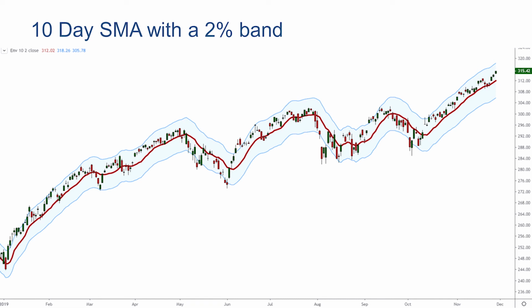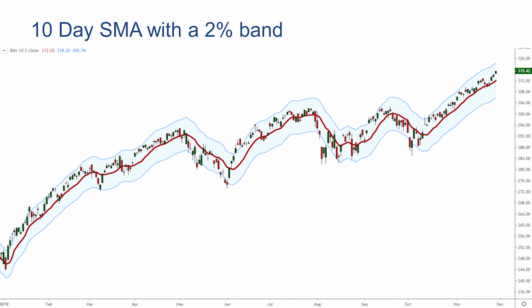And what you can observe here is that it does a very good job of wrapping around the majority of the price action. And you're identifying periods where the price accelerates past that band to identify extremes in the markets.